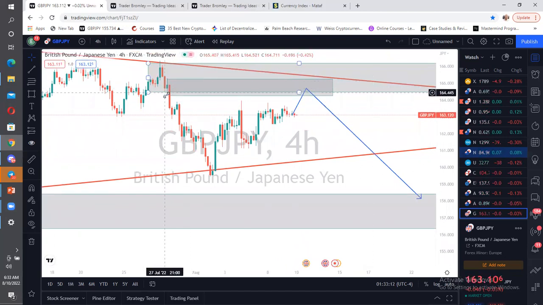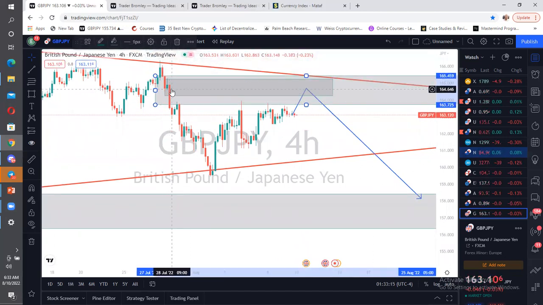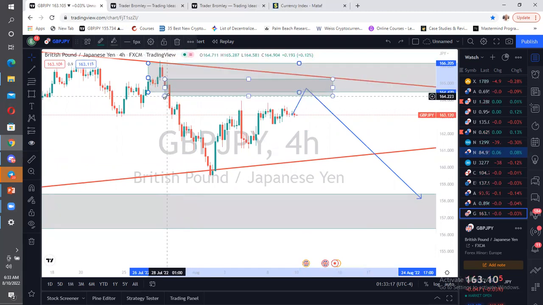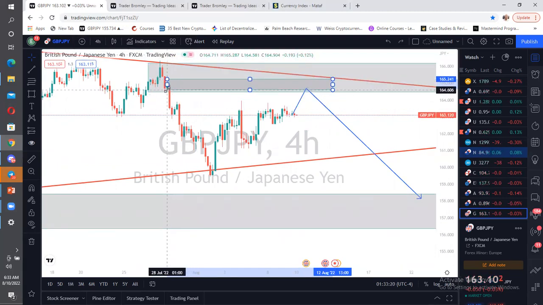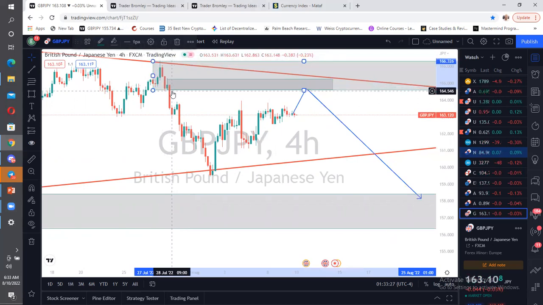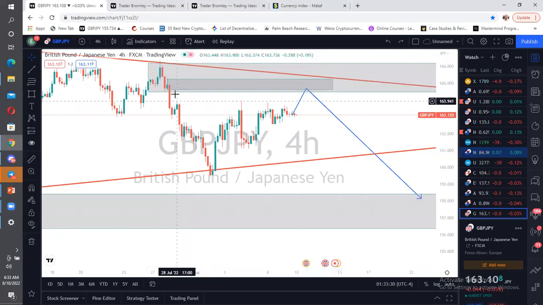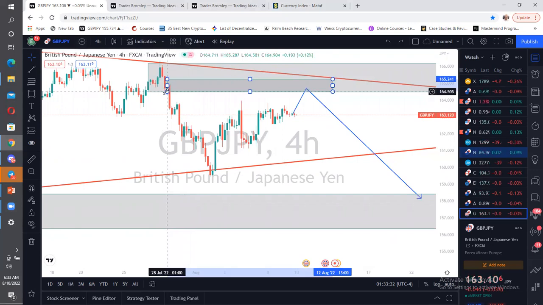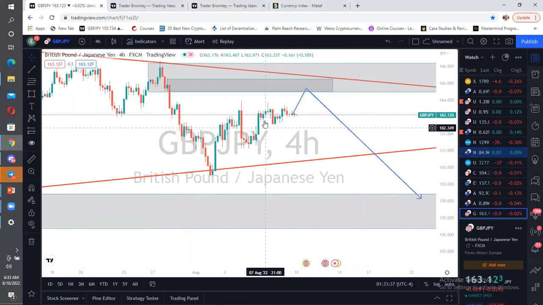So we want to see this market trade into the zone, right, trade into this zone, then flush down. It has already entered this fair value gap. So I'm looking for an up movement to trade into this zone. Then from here, we'll be coming down to this level here.